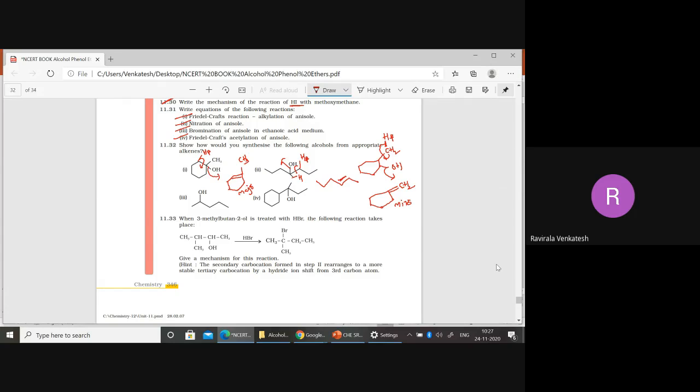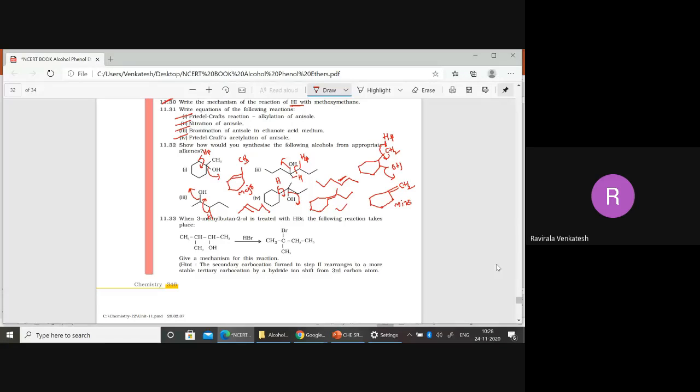This way. Again, take this hydrogen and shift it, and we get OH here. Similarly, you take the tertiary hydrogen here. You can't take it here, you can't take it here, because that will give a less substituted alkene. You can take it and write the product. The OH will be removed here, so we get a double bond here, like this.